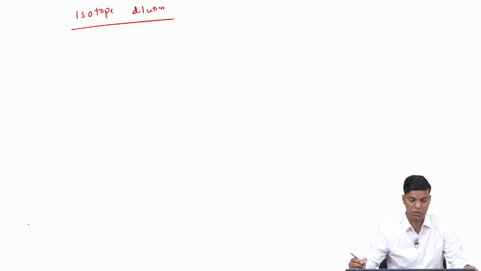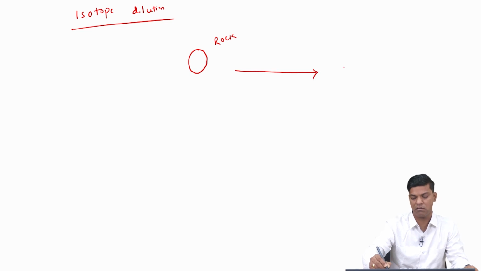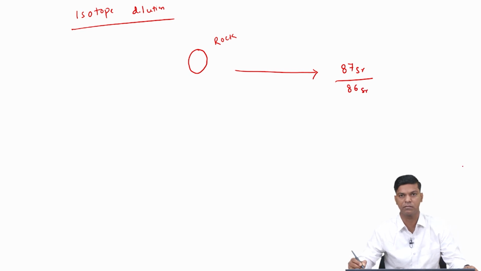In isotope dilution, what we do, let us say we have a rock sample, and we are interested in measuring a particular isotope ratio, let us say 87 strontium by 86 strontium.